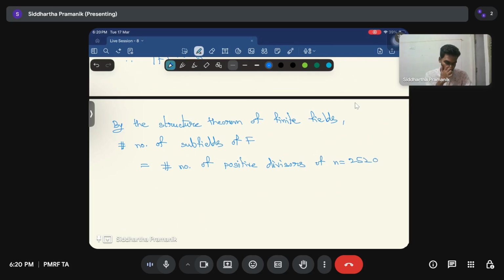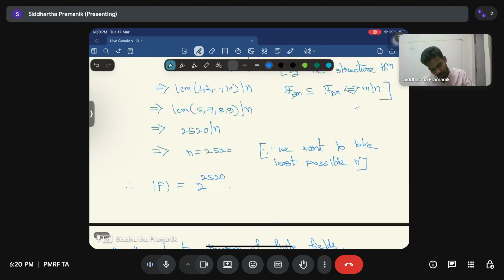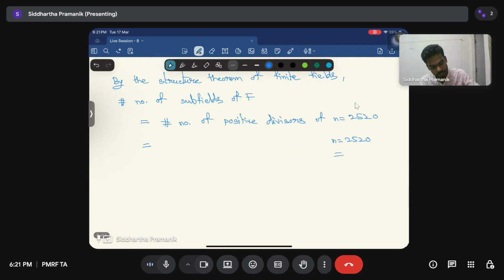So we need to find the number of positive divisors. And how to find this one? 2520, if you recall what I have written, is the same as the LCM of 5, 7, 8, 9. So it is basically 5 times 7 times 8 times 9. So this is 2 cube times 3 square times 5 times 7. So this is the same as (3 plus 1)(2 plus 1)(1 plus 1)(1 plus 1), and you can check that it will be just 48.